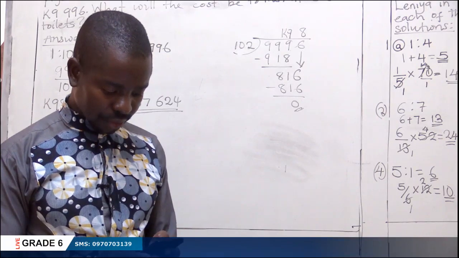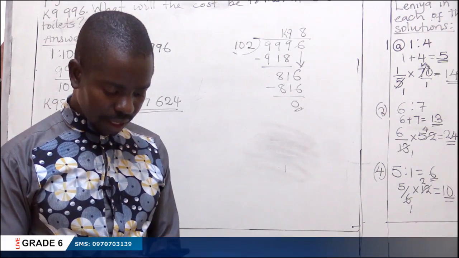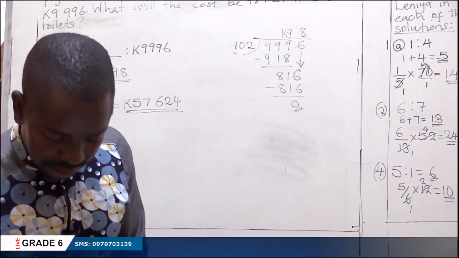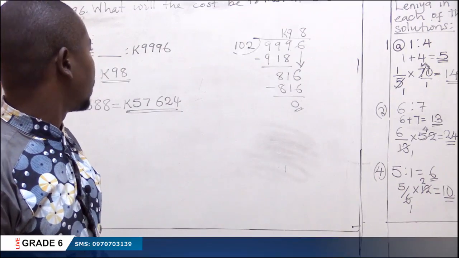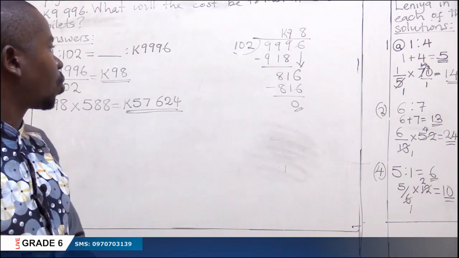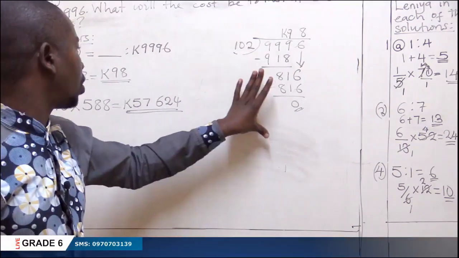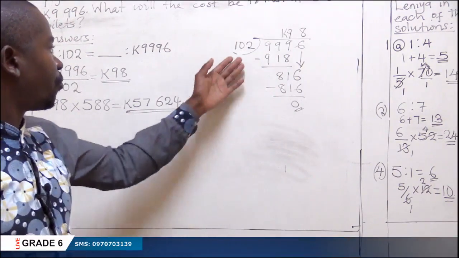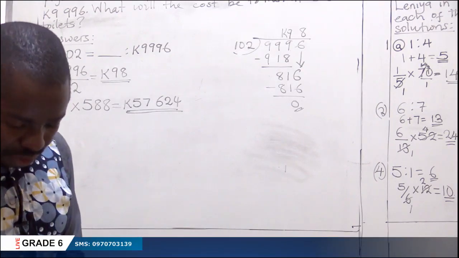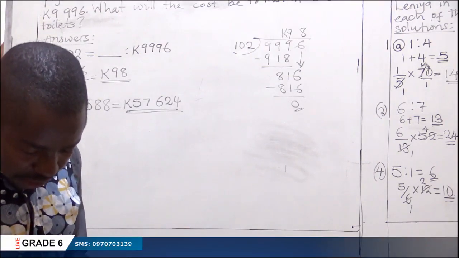These are the only SMSs that we had for today. I believe I've answered your questions. For the one who asked about how we found the 98 kwacha, you simply do long division and you'll find the 98 kwacha there. The other one asked about the 40 learners.